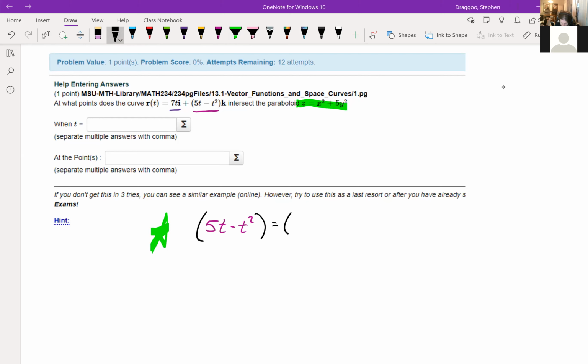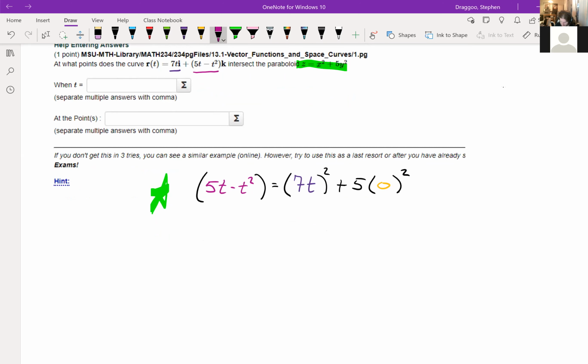On the other side, I've got x squared, and I know that x is 7t, plus 5y squared. But again, y is 0, so this just looks like plus 5 times 0 squared. Now I have just one equation with one unknown, t, so I should solve for it.